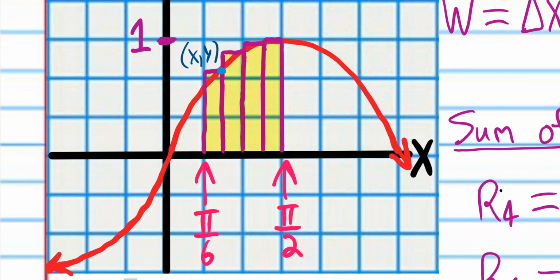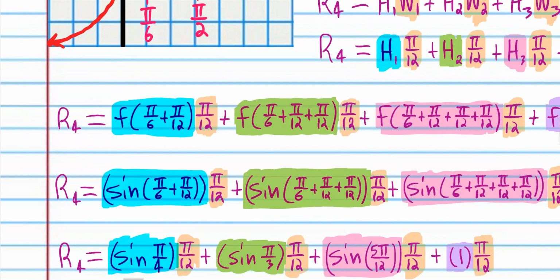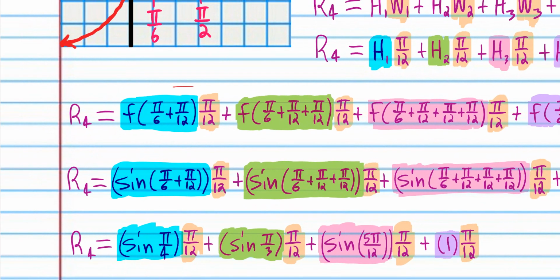So we're going to count out pi over 6 and then add a pi over 12, and that's the x value. So pi over 6 plus pi over 12. So the difference is we kind of moved over one x value. Instead of starting with pi over 6, we're starting with pi over 6 plus pi over 12. So we're kind of shifted over a little bit.